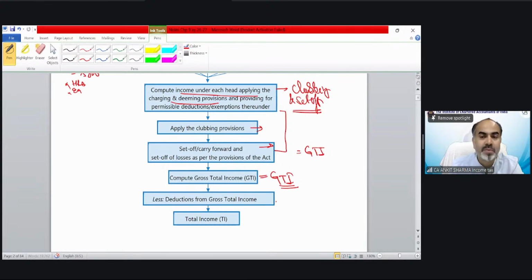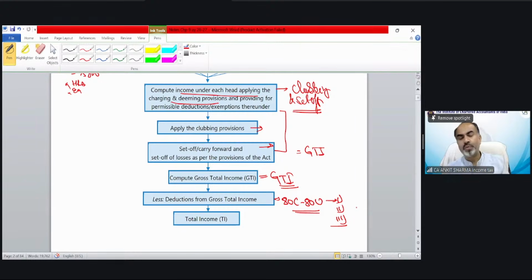After gross total income, there is deduction under section 80C to 80U. Those you need to give. Out of these, only 3 are applicable if it is the default tax regime, and other deductions can only be claimed under the optional tax regime, including these 3.